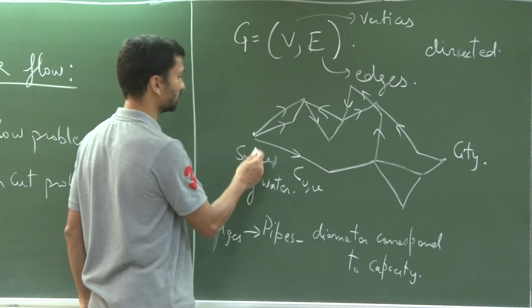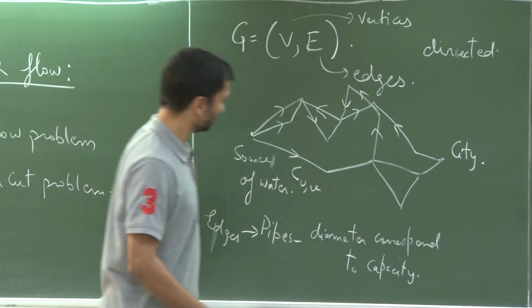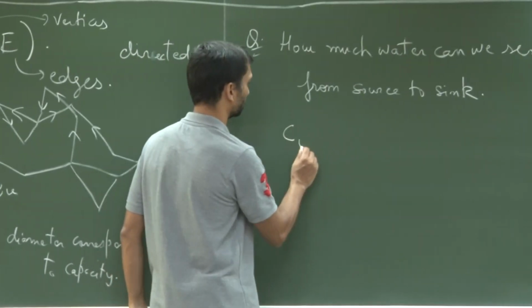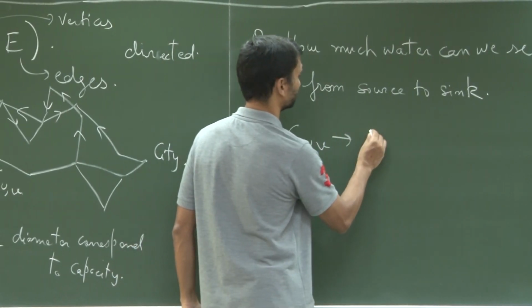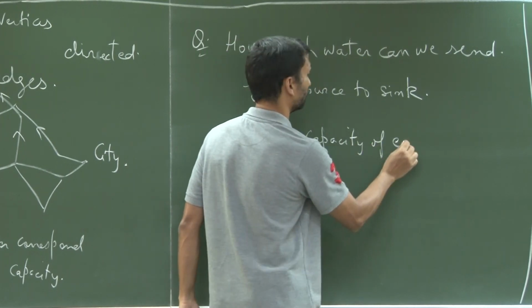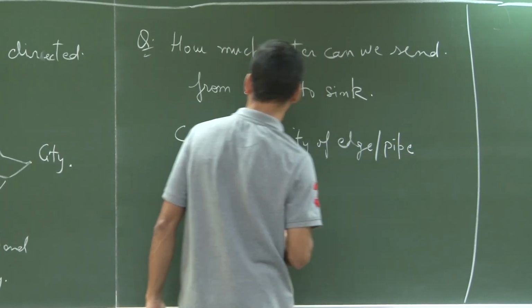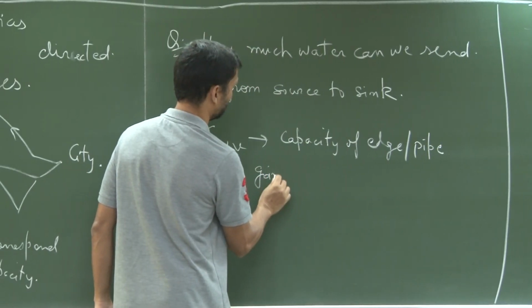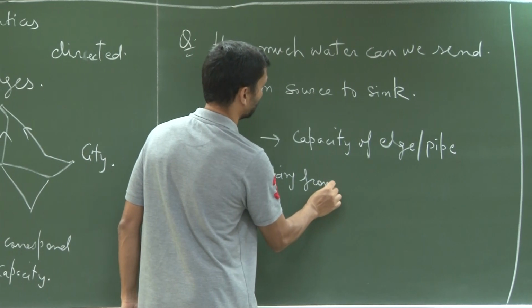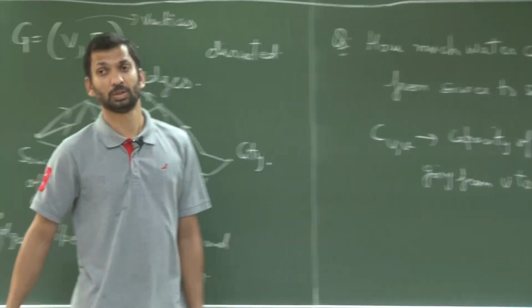So if this is an edge between u and v, then I'm saying that it has capacity c_uv.